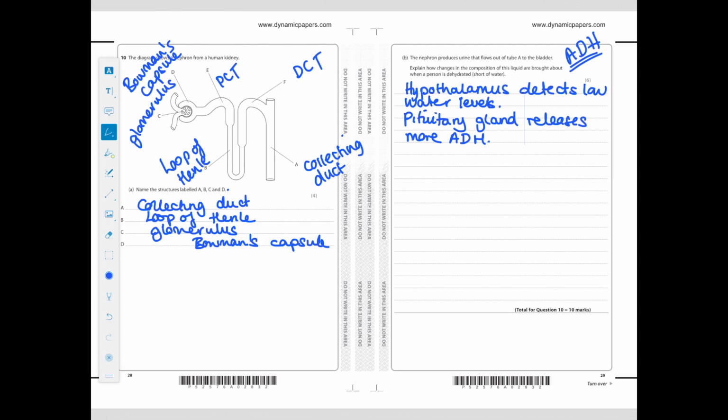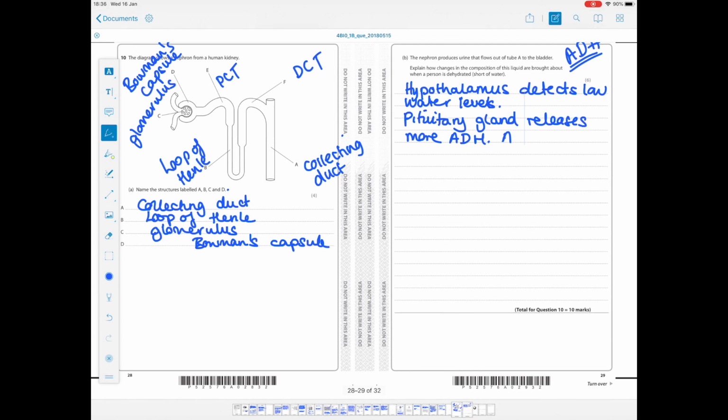And that hormone, as all hormones do, travels in the blood. And it goes specifically to the collecting duct of the nephron and makes its walls more permeable to water.